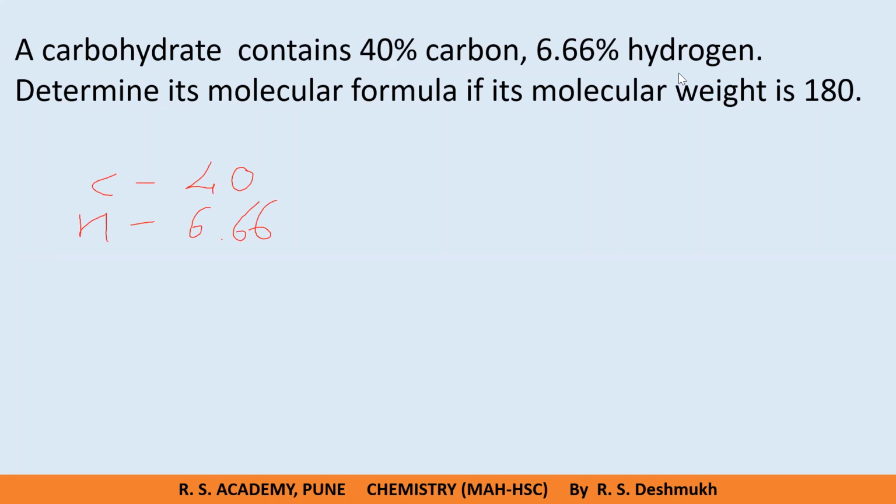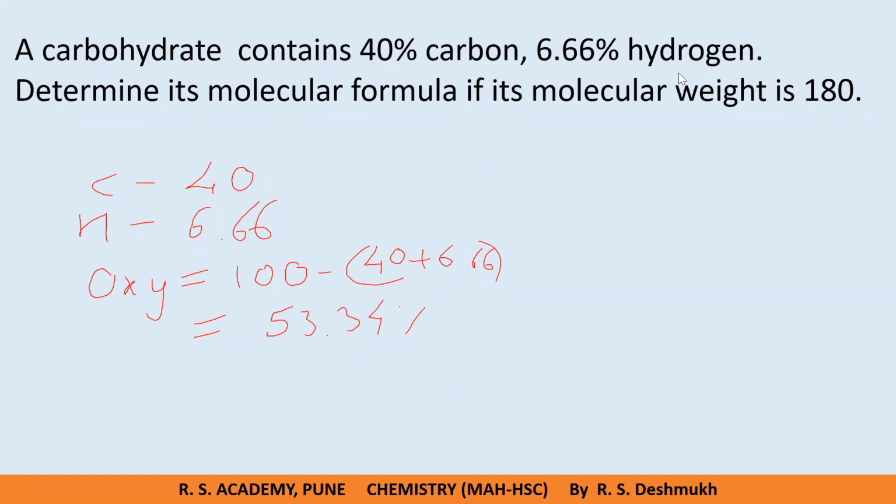No. So always keep in mind, whatever is not given is always oxygen, and the percentage of oxygen is 100 minus the sum of this, that is 40 plus 6.66. So how much does it come out to be? I think it will be 53.34, isn't it? Yes, sir. Now I have found this out.